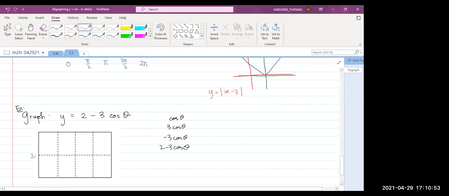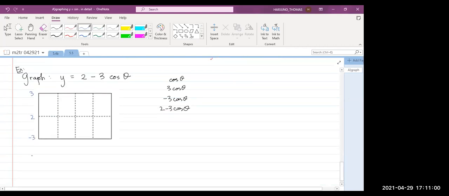The amplitude is still 3 because we stretched by a factor of 3, even though you make it upside down. The period is still 2 pi. But you follow the graph of negative cosine, which means you start from the bottom instead of from the top, because you flip it somewhere in between. So that's what the graph looks like.